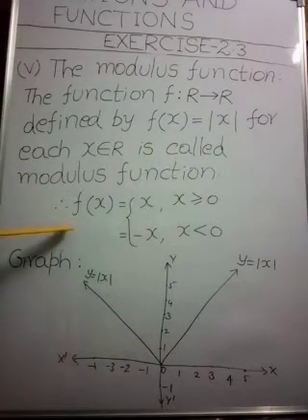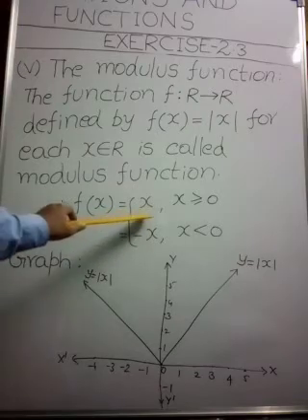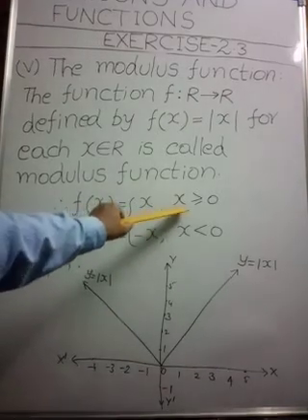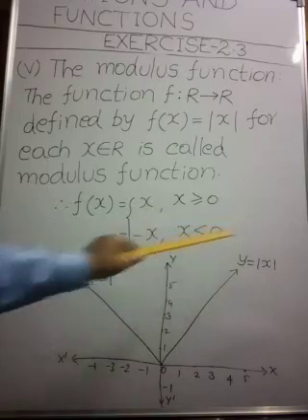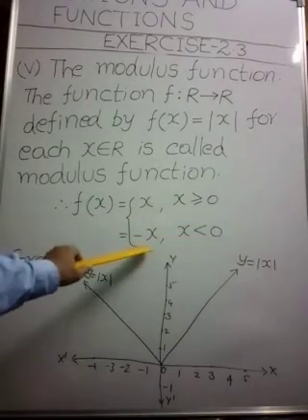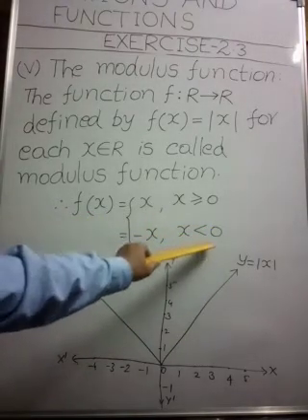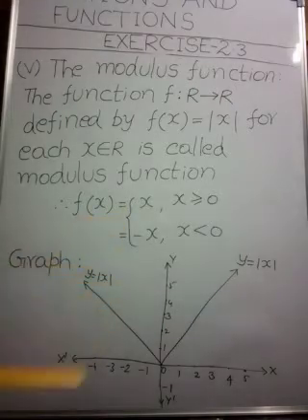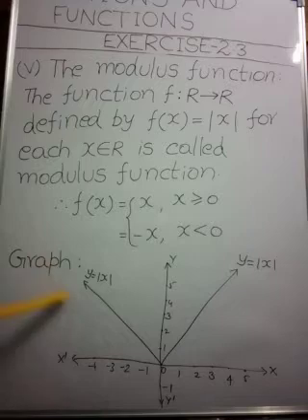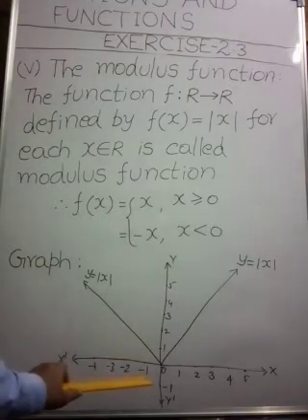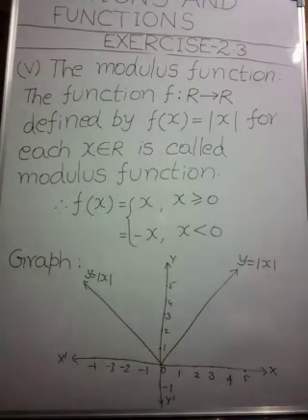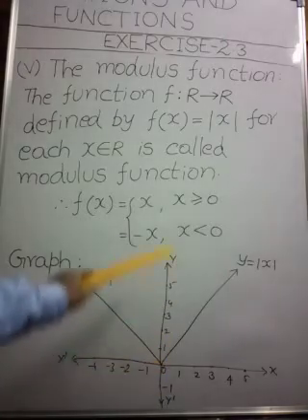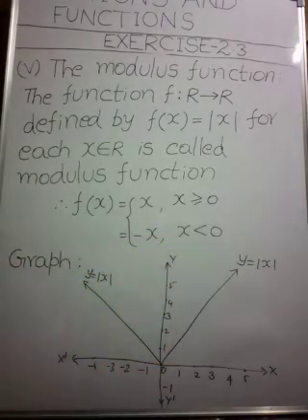We define like this: f of x is equal to x for every x greater than or equal to 0, and f of x is equal to minus x if x is less than 0. Remember this definition, my dear children. Okay. Now this is the graph of modulus function. If you observe this graph, it is above the x-axis.